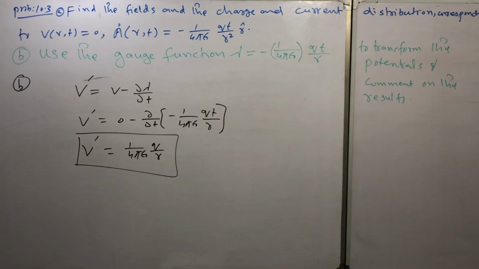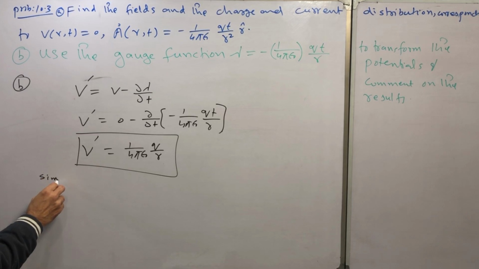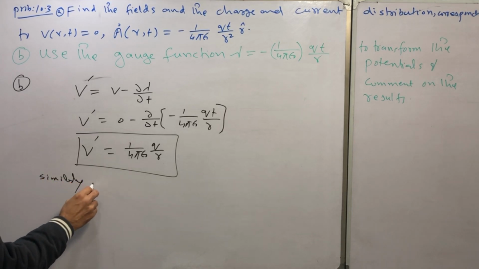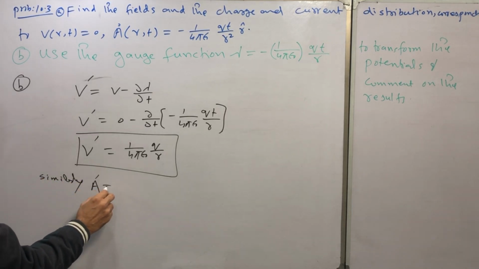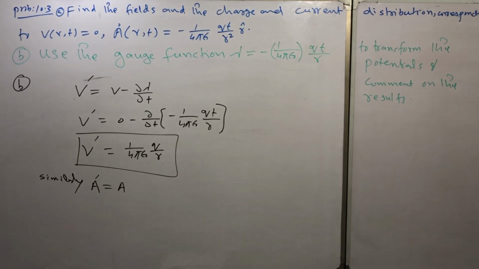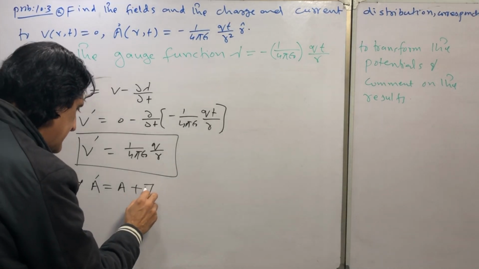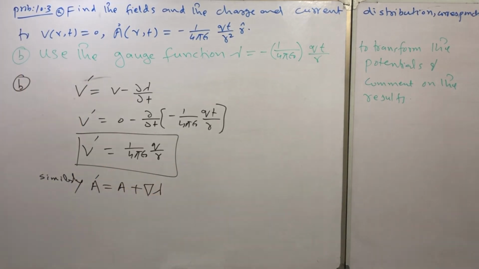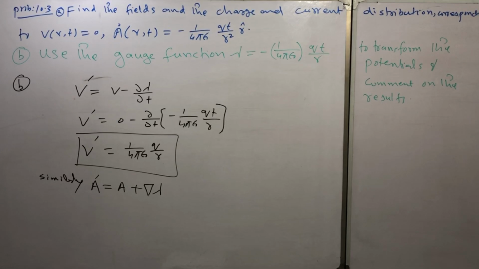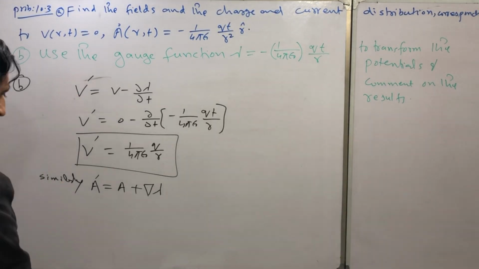And similarly, the vector potential A prime is equal to A plus gradient of lambda. This is the gauge transformation for the scalar potential, and this is for the vector potential.